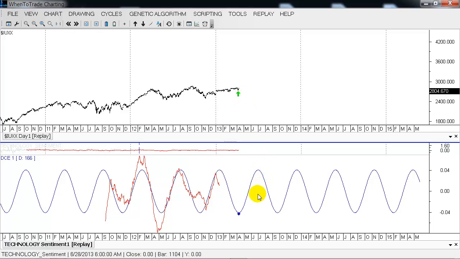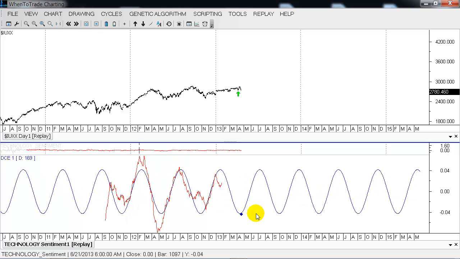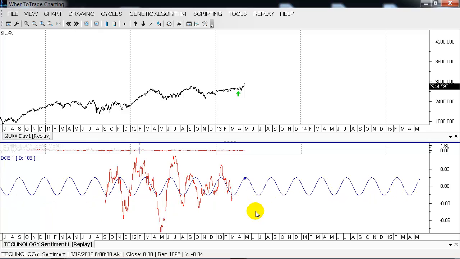So let's see, if we move forward in time, how the cycle would behave. You see just the shorter term cycle sometimes comes into play, but this cycle stays more and more stable here.